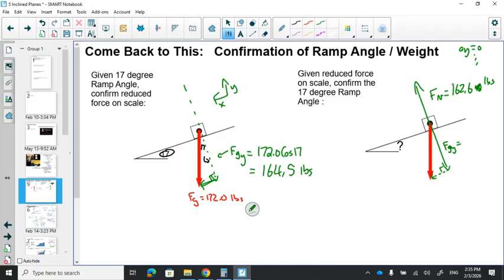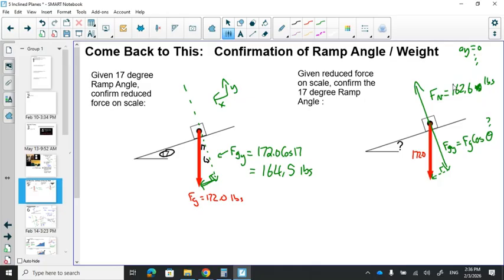I think we can just get the answer done here, right? So we've got this unknown, this known here. This force is 172, the force of gravity in pounds, of course. And we've got the known component as well. What we know is that FGY would equal full FG times cosine of the angle. And it's the angle we don't know in this case, right?